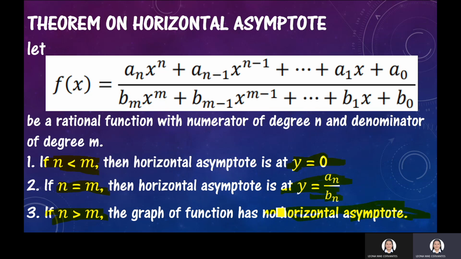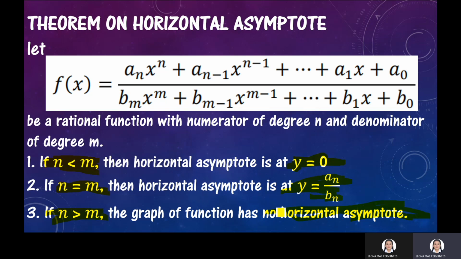Okay? So, kailangan matandaan nyo itong tatlong to. Paki-note nyo na or screenshot, print screen.